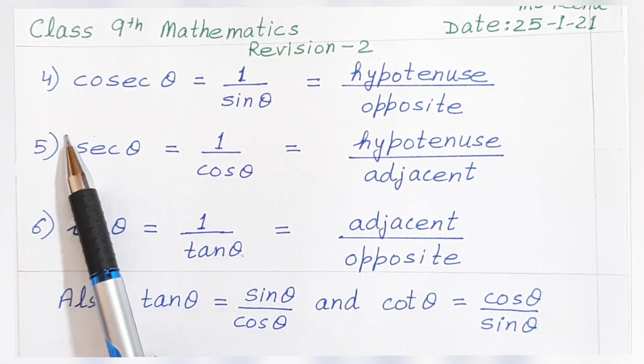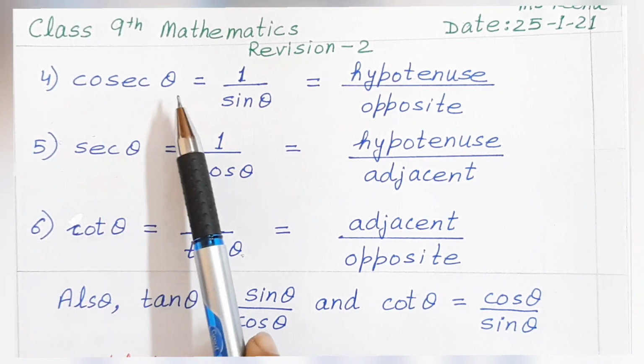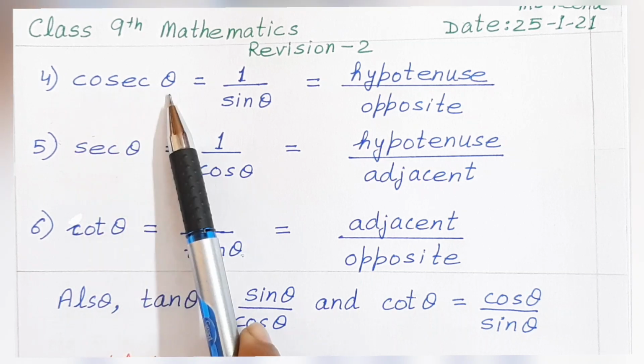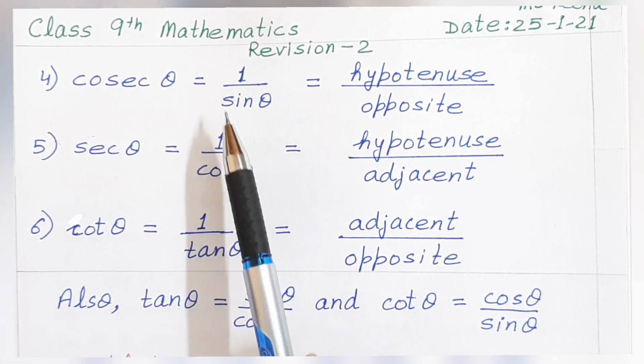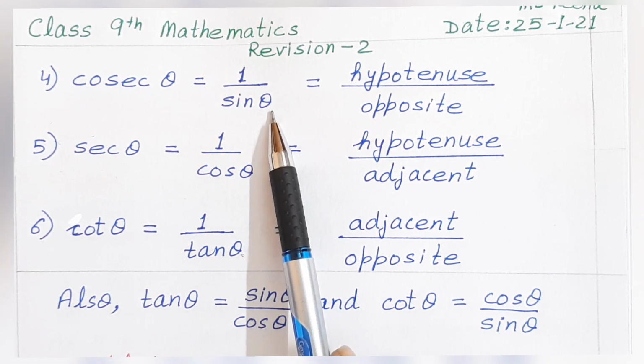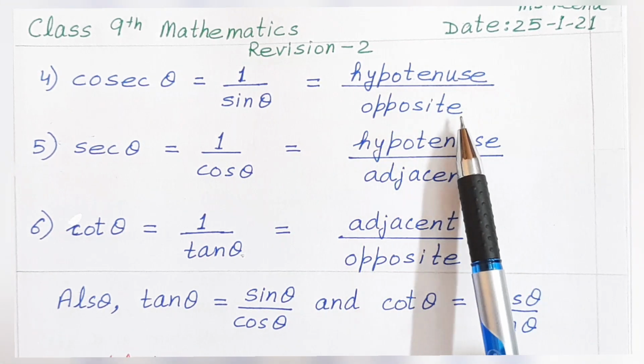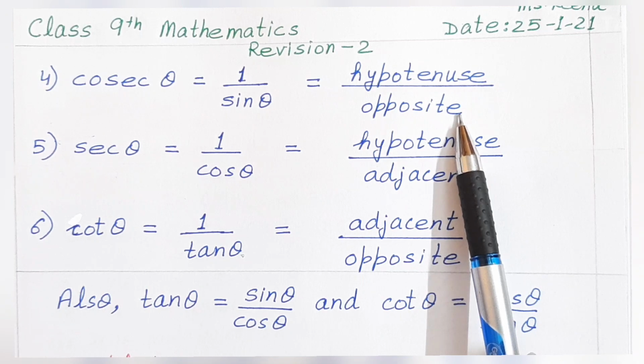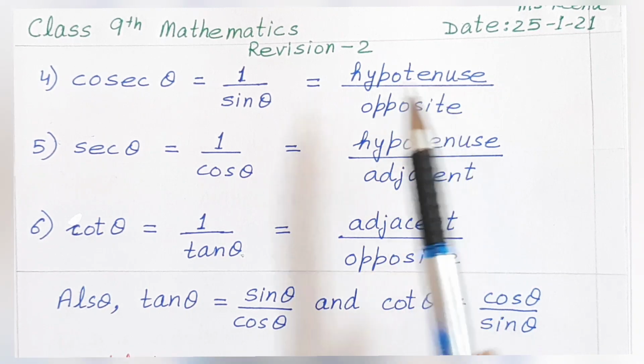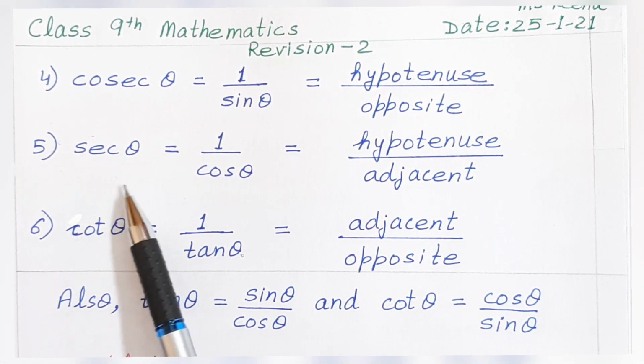Now the next is cosecant theta. Cosecant theta is 1 upon sine theta, so that is equal to hypotenuse upon opposite side. Clear? Next is secant theta.